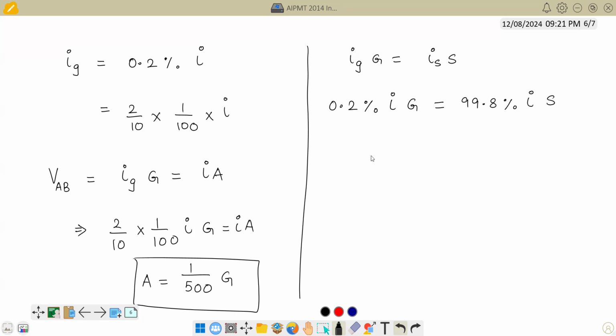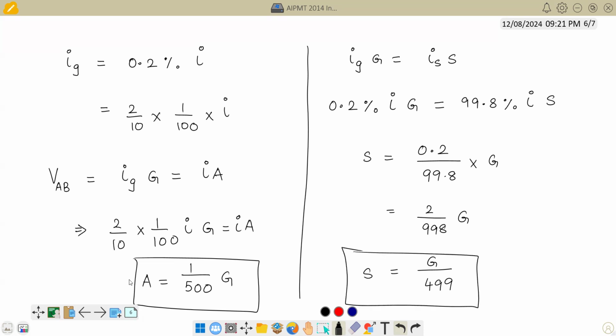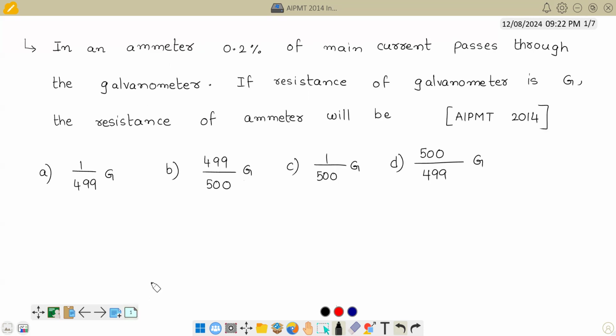From this, shunt value is simply 0.2 by 99.8 into G, so we can write 2 by 998 into G, which is G by 499. So this is the value of shunt resistance, even though it is not asked. So the correct answer for this problem is A equals 1 by 500 G. That would be my option C.